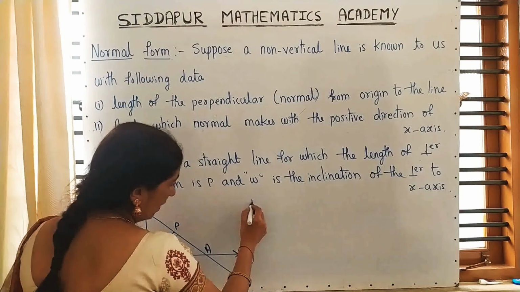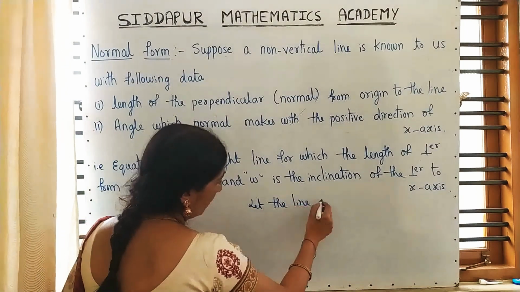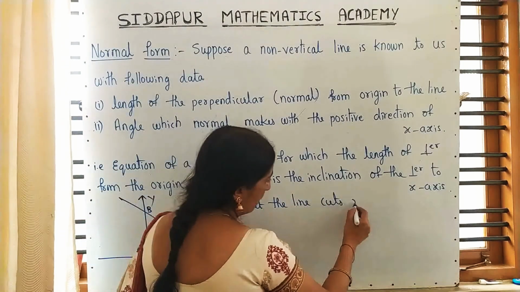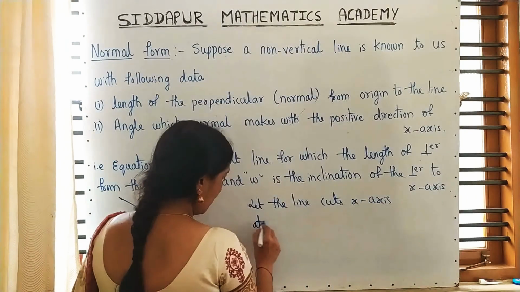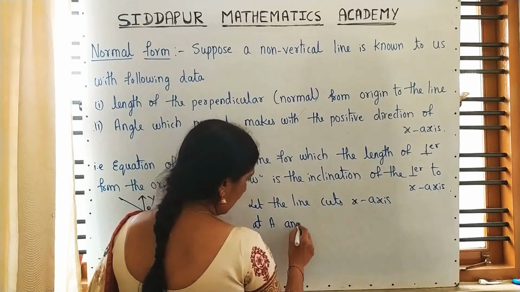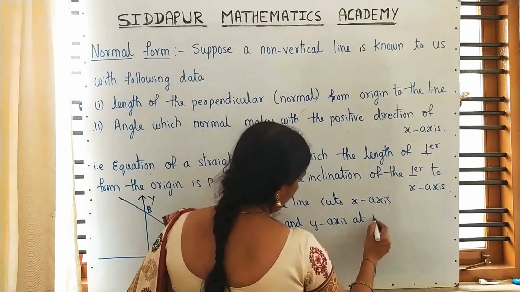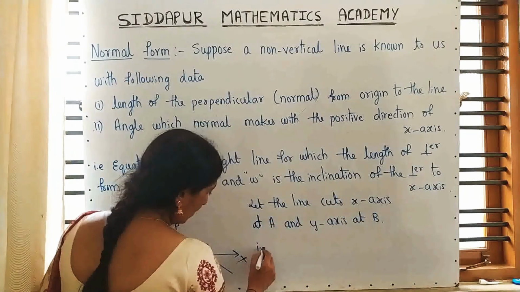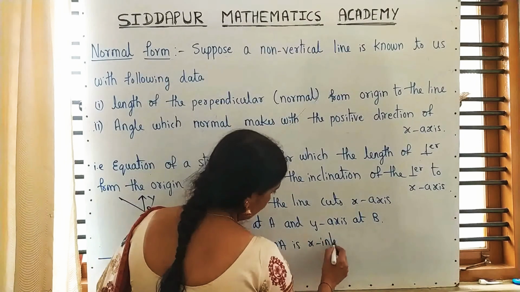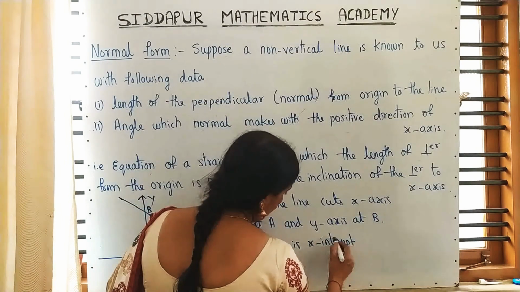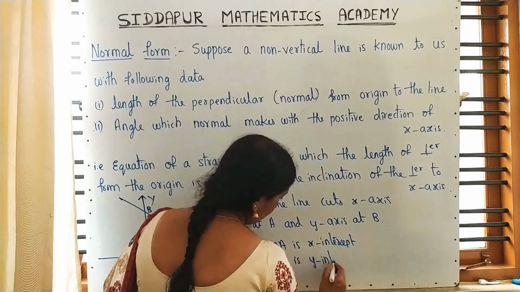See, let the line cut the x-axis at A and the y-axis at B. That is, OA is the x-intercept and OB is the y-intercept.